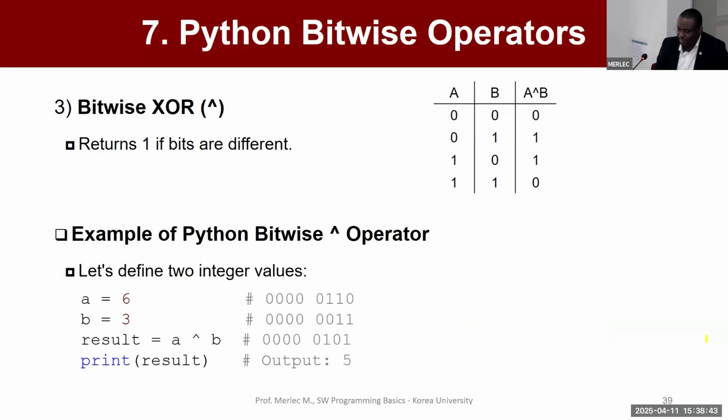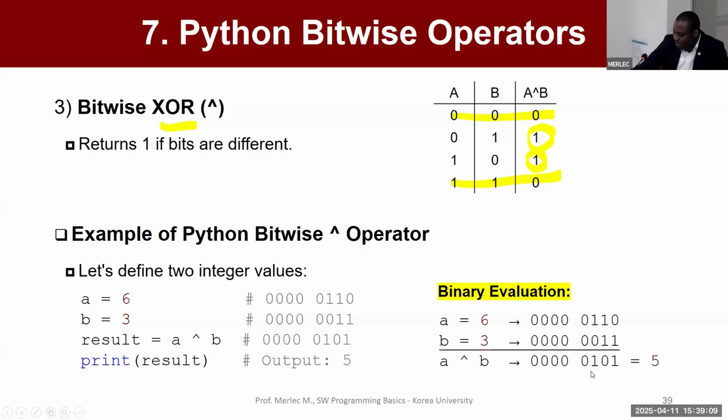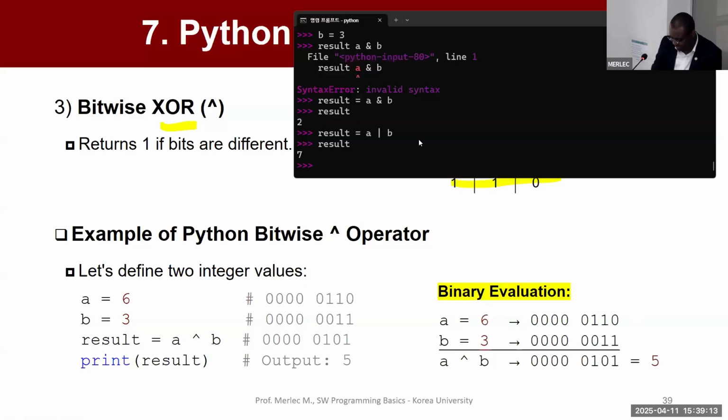You have the XOR. The XOR also returns 1 if the bits are different. When the bits are the same, you have 0. So 1, 1 gives 0. When the bits are different, it provides 1. This is the logic of this operator. With the same example, you will get 5. If I go again here, I change the operation.